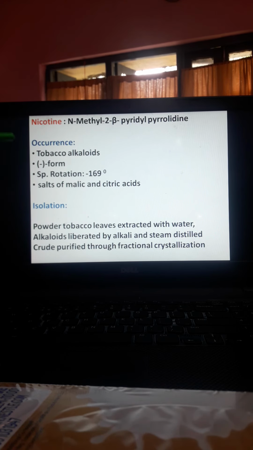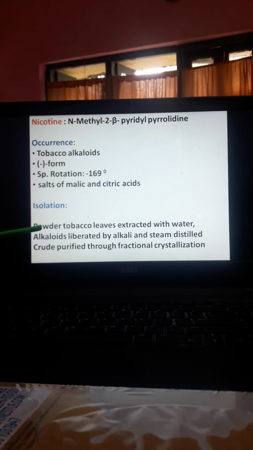It usually occurs in the minus form. It has a specific rotation of minus 169 degrees. It usually occurs in the form of its salts with malic and citric acid. So it is actually occurring as salts of malic and citric acid.